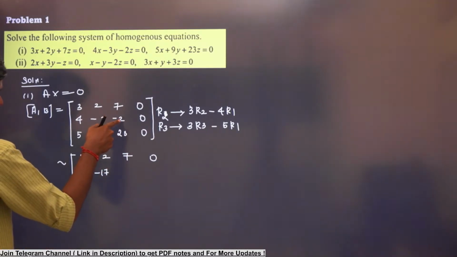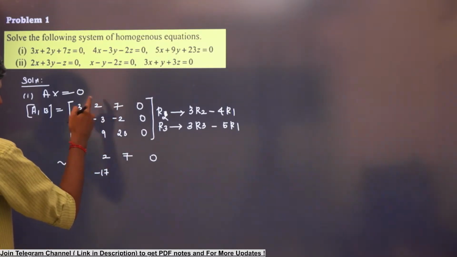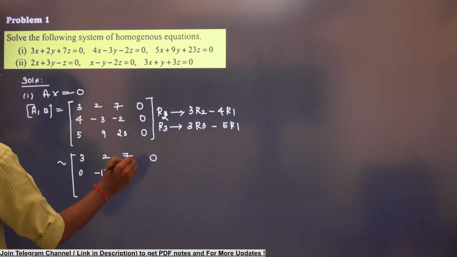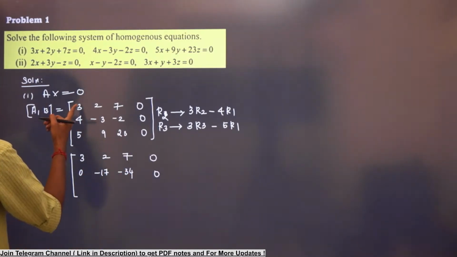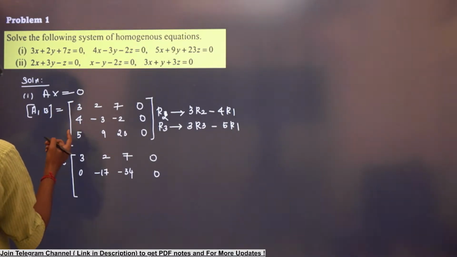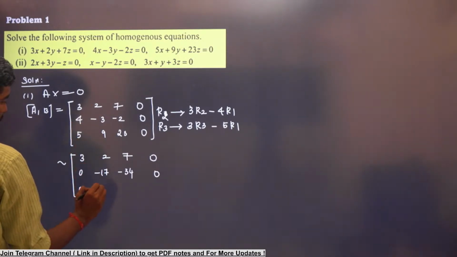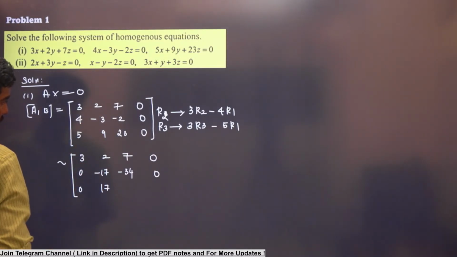You multiply 3 here, minus 6. Minus 6 minus 28, minus 34. This is 0. You multiply 3, 5, subtract. You multiply 3, this will be 27. 27 minus 10 is 17.